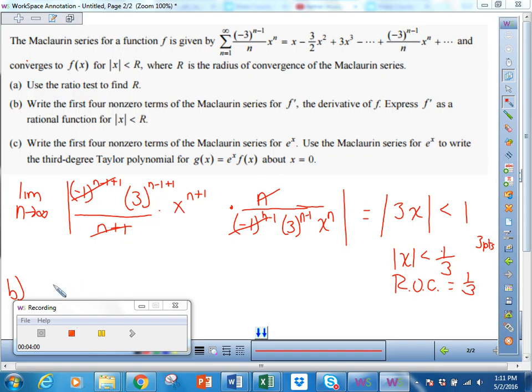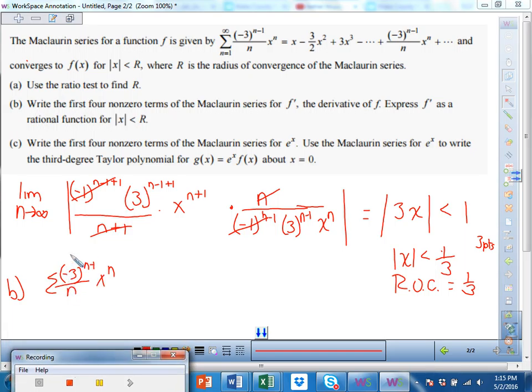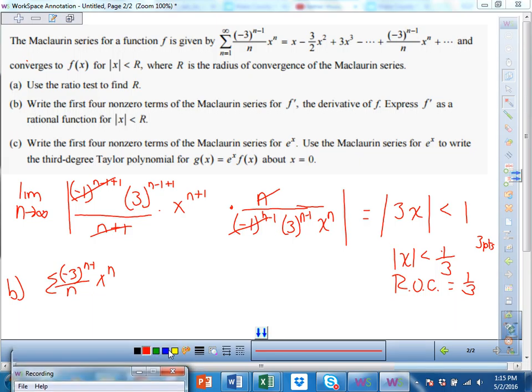Okay, so the nth term is given by -3 to the n minus 1 over n x to the nth. When we're looking at this, all of this acts like a what? Constant. This acts like a constant. So when I'm taking the derivative of it, it remains the same. -3 to the n minus 1 over n.